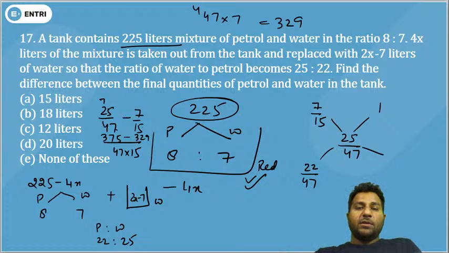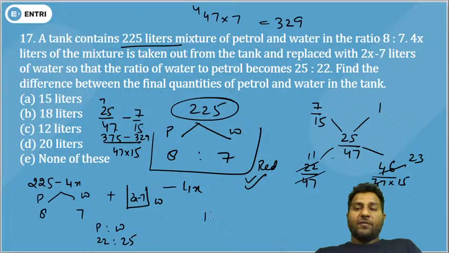So from 15 to 9 we have got 6, from 6 to 2 we have got 4 by 47 into 15. Clearly 47 will be eliminated, and when you solve this kind of question you will get the answer. So 20, 11, 23.